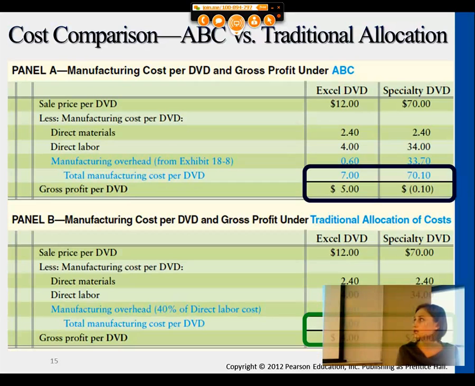So when you're using your ABC system, you're literally dissecting each process into so many components that it's easy for you to track the cost. Okay. So as a manager, do you see what problem we can run into if we're just looking at the traditional allocation cost? So many companies are going to be using ABC. It's a much better measure. Okay.